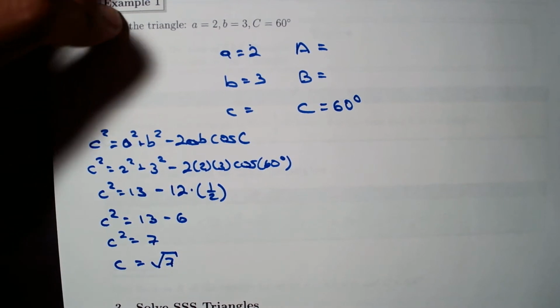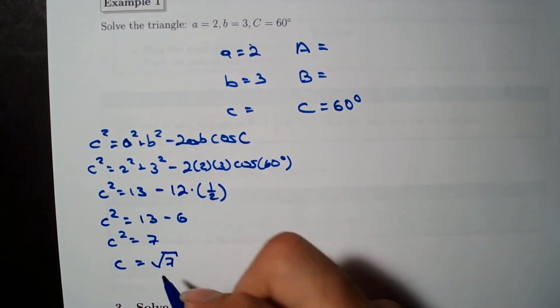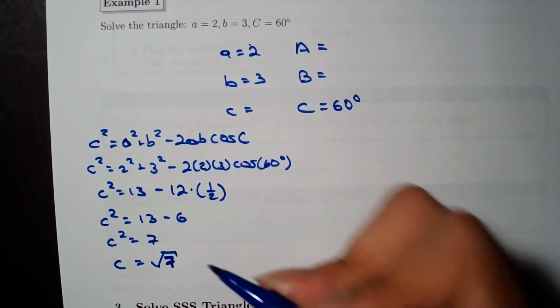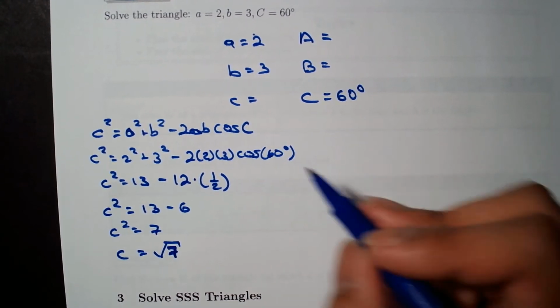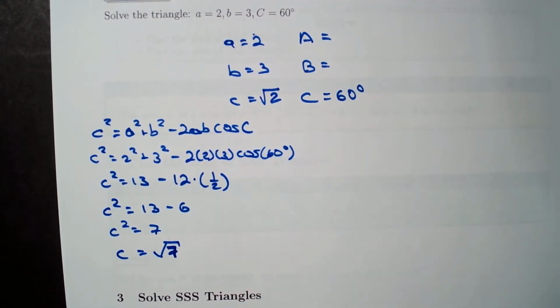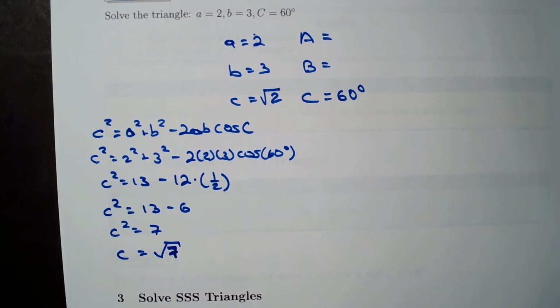In this case, we're not going to use plus or minus notation from the square root property because we're talking about sides of a triangle, and those are meant to be positive.